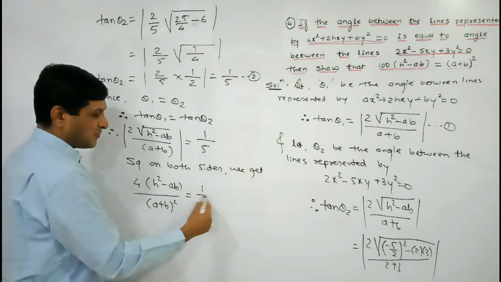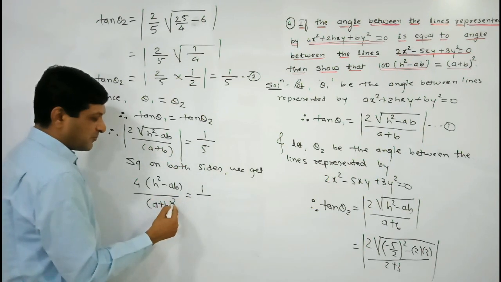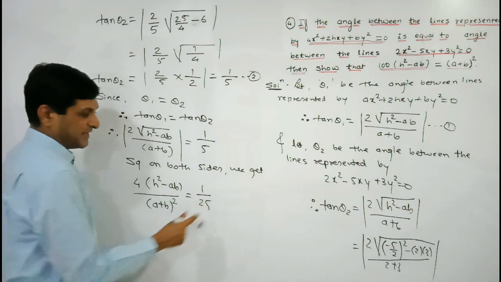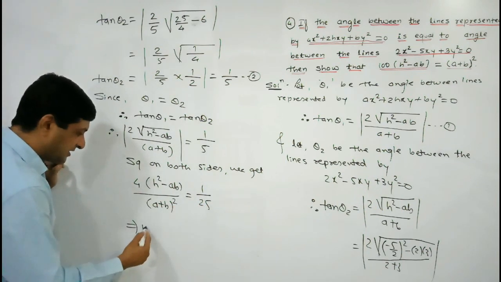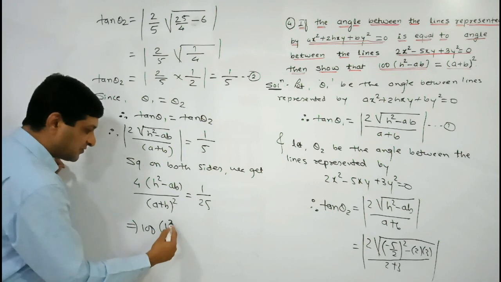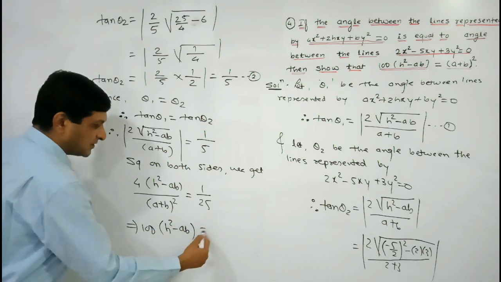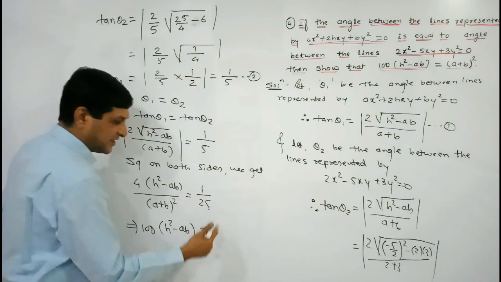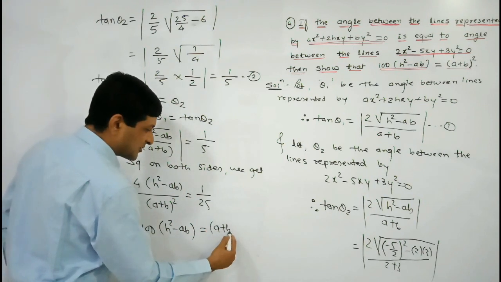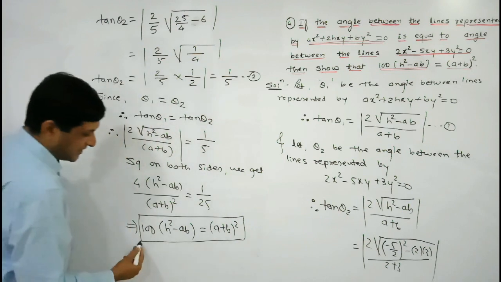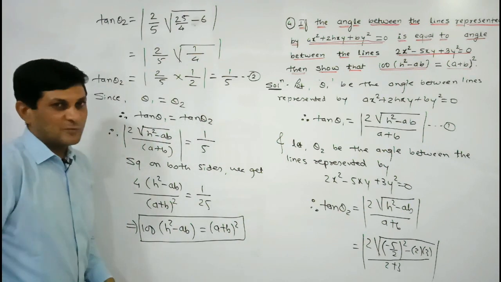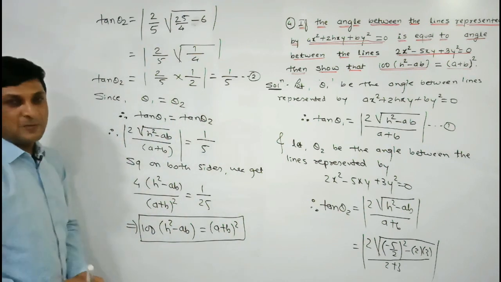On the other side the square of 1 is 1 and the square of 5 is 25. Let us simplify. 25 into 4 is 100, so on this side we get 100 times h square minus ab, and on the other side a plus b whole bracket square into 1. So 100 times h square minus ab is equal to a plus b whole bracket square, which is nothing but our required result.